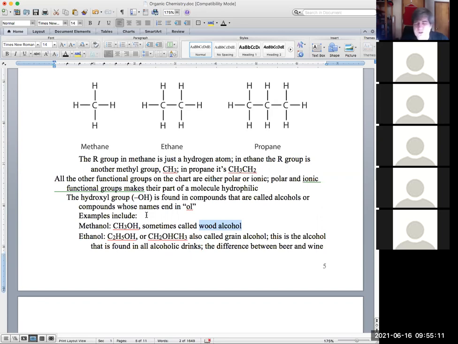The disadvantage to writing the formula for methanol as CH4O is it doesn't give you much of a clue how the atoms are connected. With hydrogen atoms, when we write a formula out, I guess I would call it the long way, whatever the hydrogen is written behind, that's what it's bonded to.